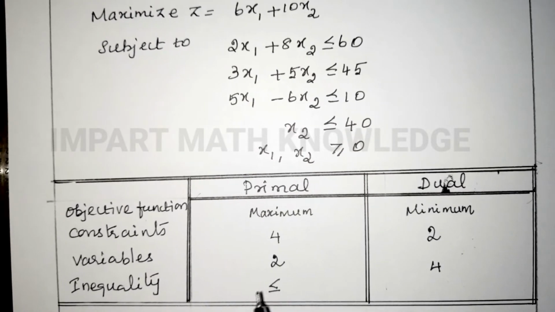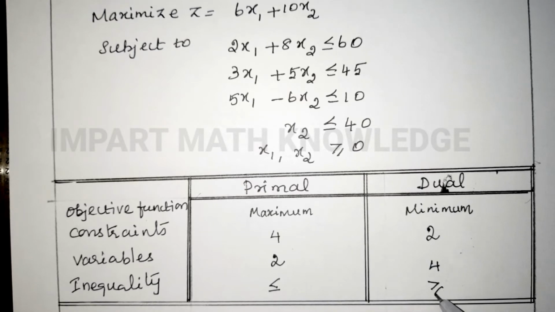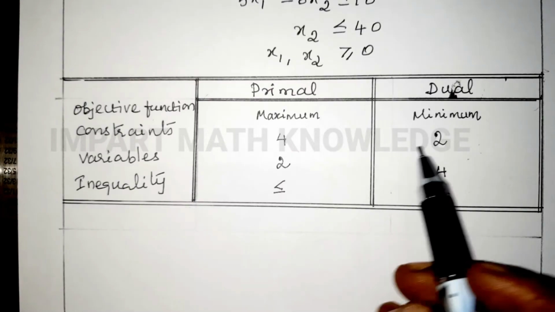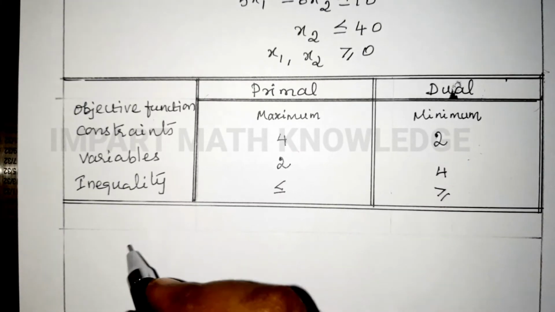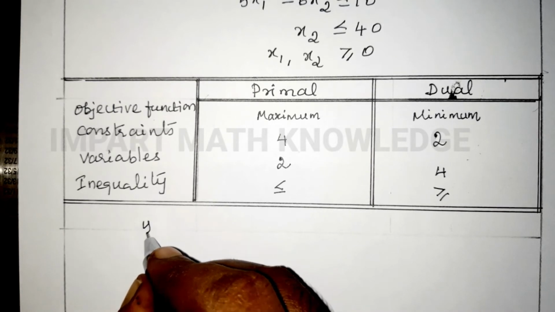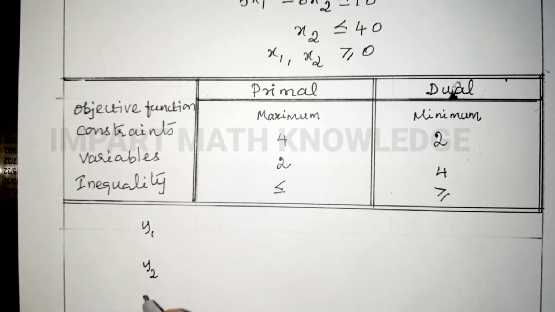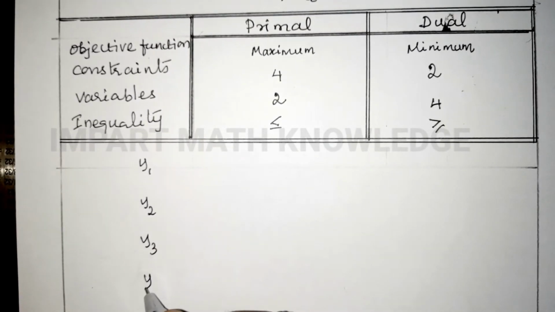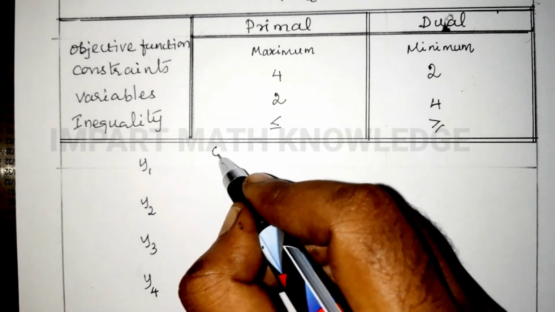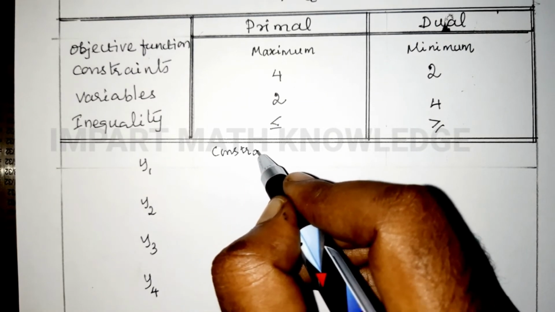The inequality in the primal problem is less than or equal to; in the dual problem, it is greater than or equal to. In the dual problem, the number of variables is 4. Let me use the variables y1, y2, y3 and y4. Here I write the constraints.